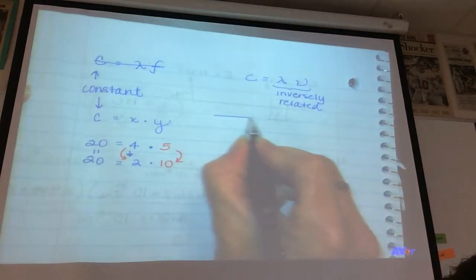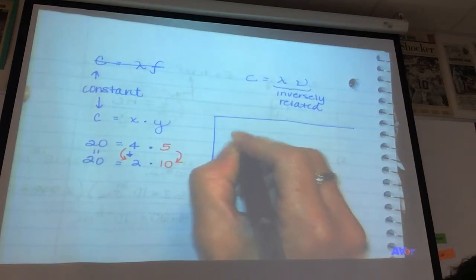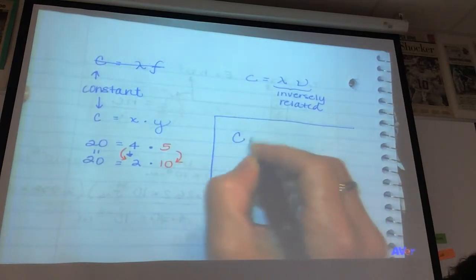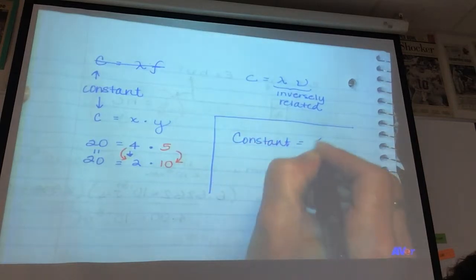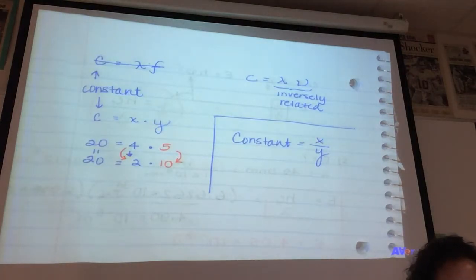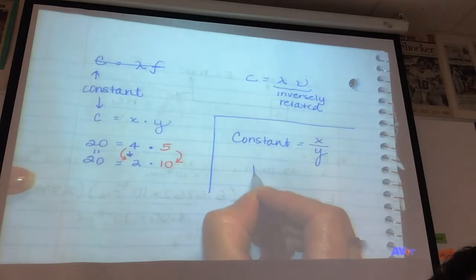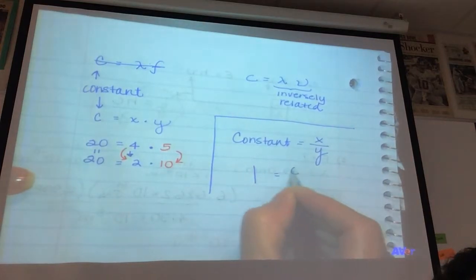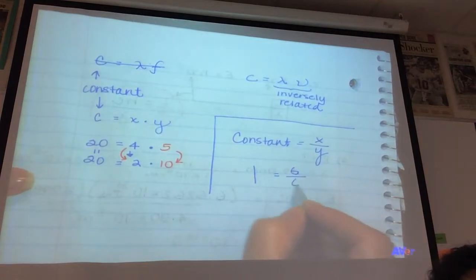In contrast, if you divide two variables and set them equal to some constant, if you increase one, the other will increase by the same factor. For example, if my constant is 1 and my x is 6, what would my y be? 6 is correct.